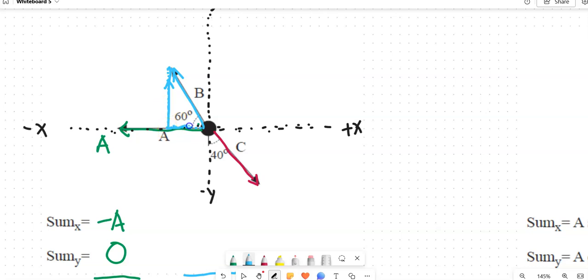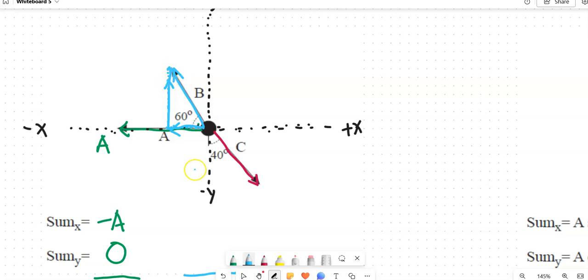So I'm going to make this part, which is on the horizontal, pointed to the left. So when you add the horizontal vector to the left and the up vector, the resultant, you start from here, you walk to the left, and you walk up. The result goes from start to finish, and that is the vector B.